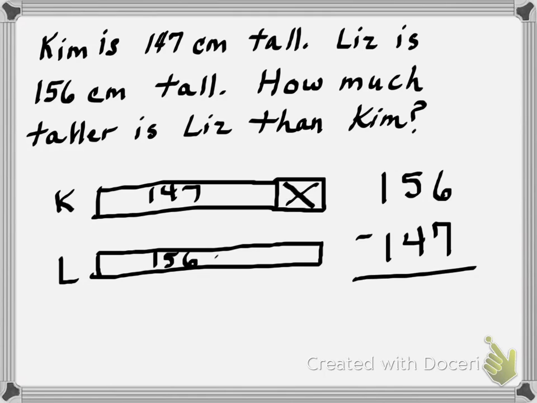Make sure you've got the larger number on the top. To solve this one, I need to regroup in my ones place. And the answer is 9. So she is 9 centimeters taller than Kim.